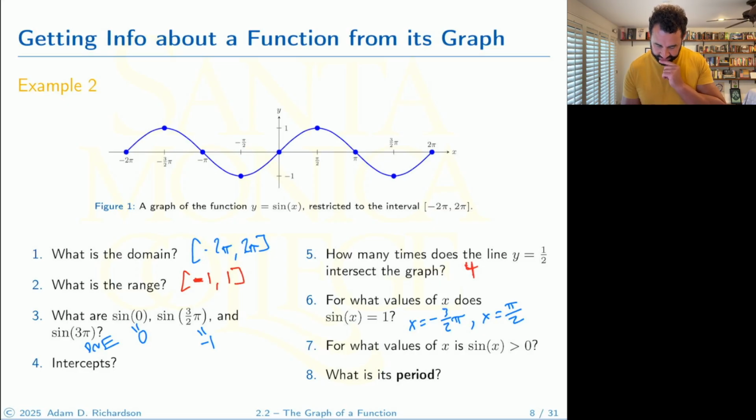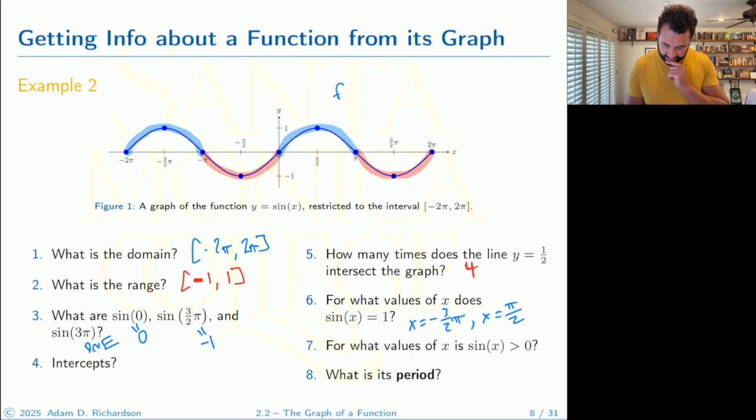Maybe I'll sketch it. It's clearly above here, and it's above here, and then it's actually below the other points. See, here it's below the x-axis, and here it's below the x-axis. So maybe I'll label this a little bit.